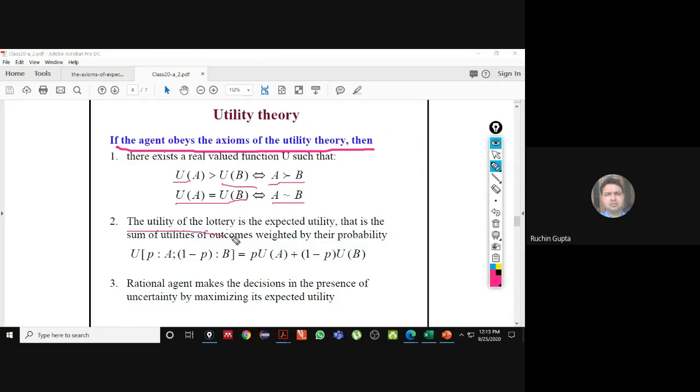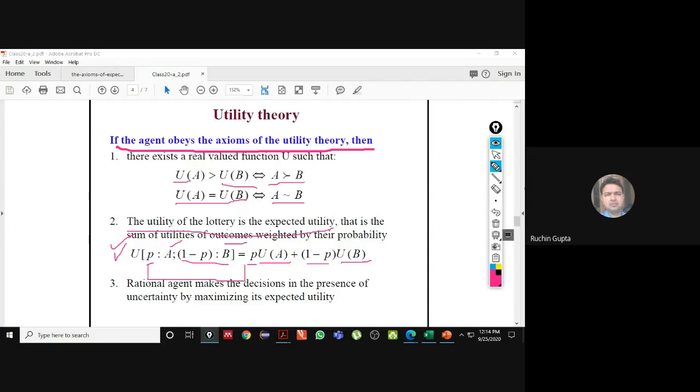And how do you evaluate the utility of this lottery? The utility of the lottery is the expected utility. So if you have this lottery in which there are two outcomes A and B with the probability P and 1 minus P, then the expected utility of this lottery will be given by probability of A multiplied by utility of A plus 1 minus P multiplied by the utility of B. So in that case, the agent will calculate this expected utility and it will select the appropriate action, right?